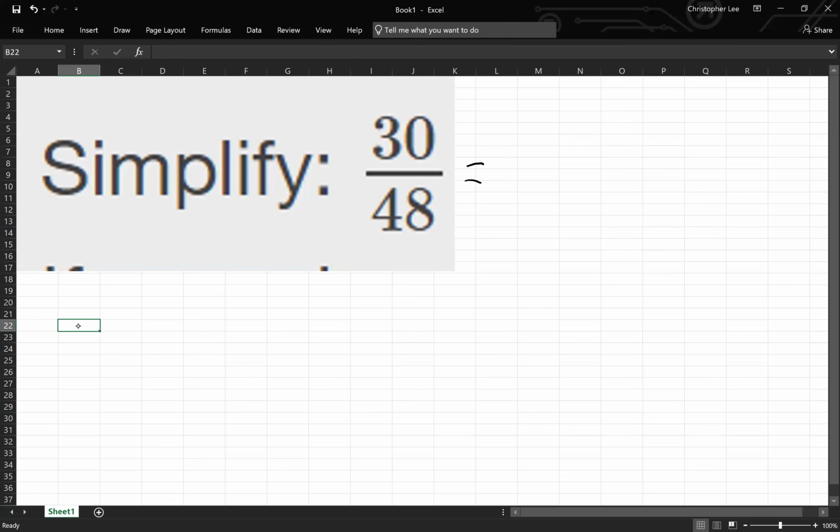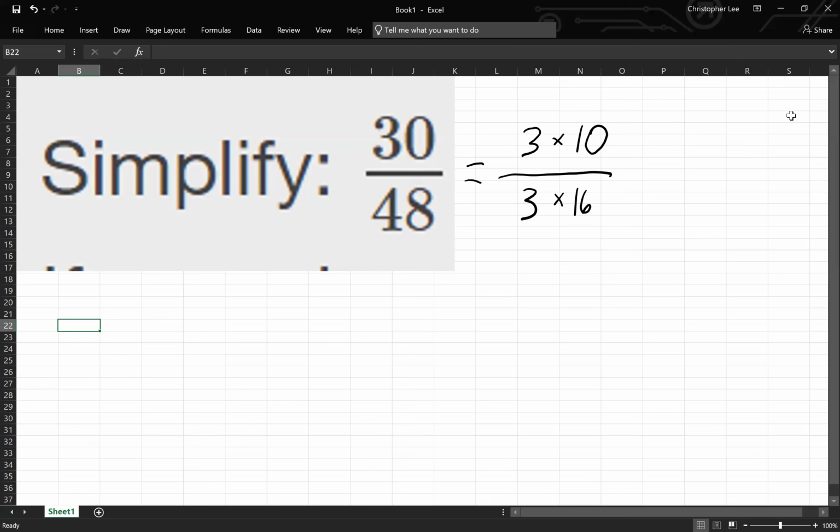So for 30, I know that 3 times 10 is 30. And on the bottom for 48, I believe 3 times, let me think, 16 is 48.